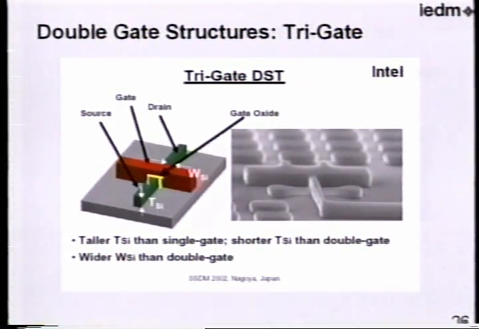And just another one that was mentioned this morning is the Tri-Gate device that Intel announced, and I think has a paper here at this meeting. This device comes out of their earlier planar work where they were using a depleted substrate transistor, the DST.